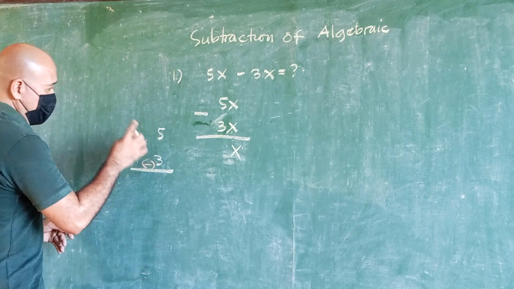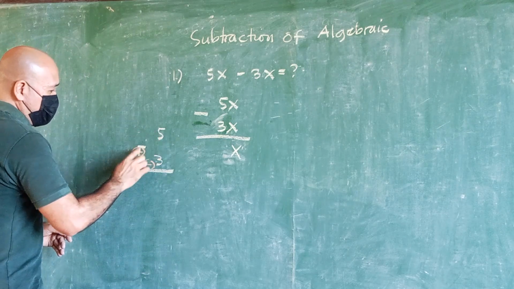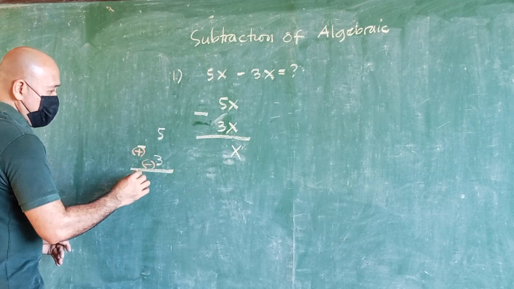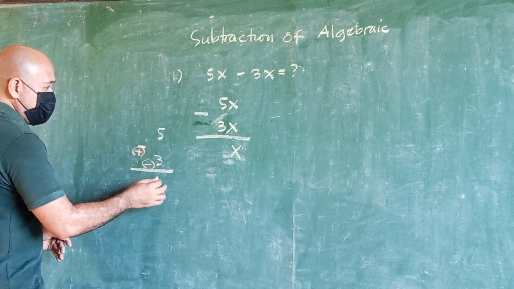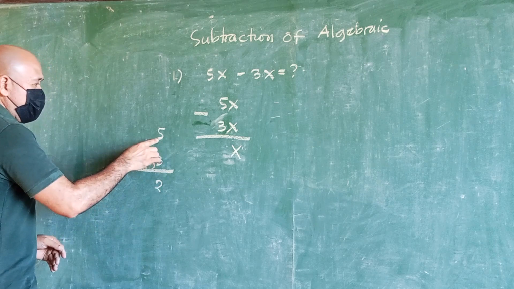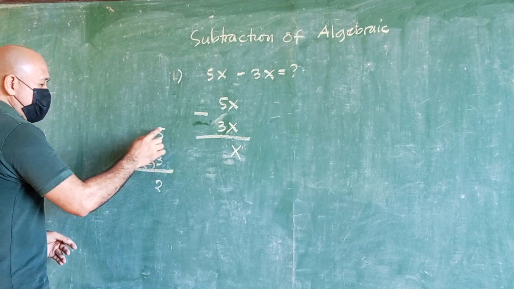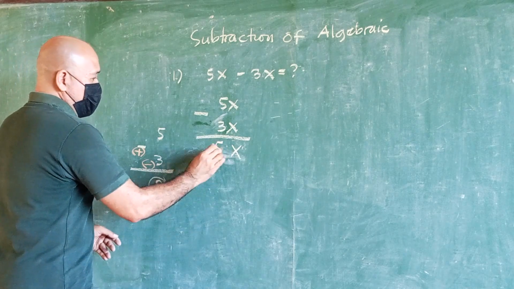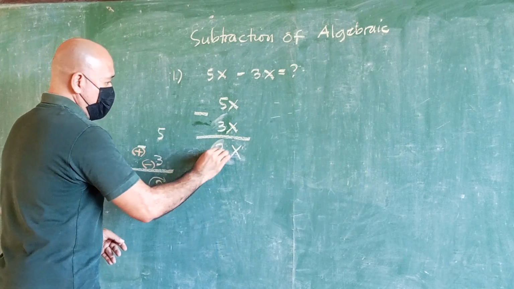Okay, so then it becomes 5 plus negative 3. So it becomes the addition of unlike signs, where you give their difference, that is 2. And since 5 has the bigger absolute value and it is positive, the answer is positive 2.